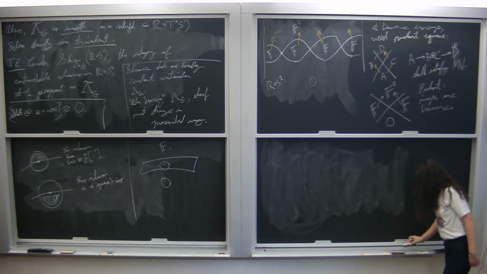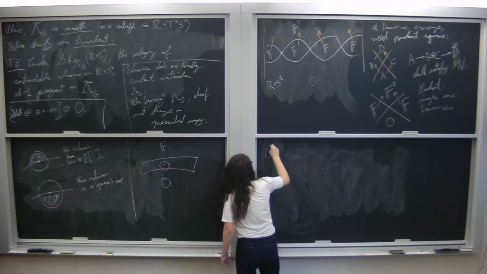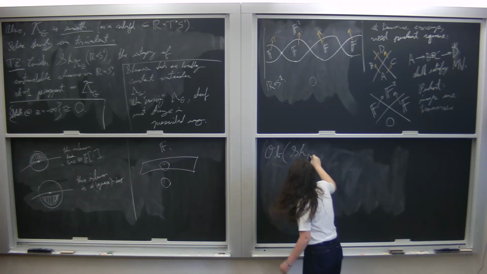And so then, what's our answer? What is this category? What are the objects of this sheaf category?